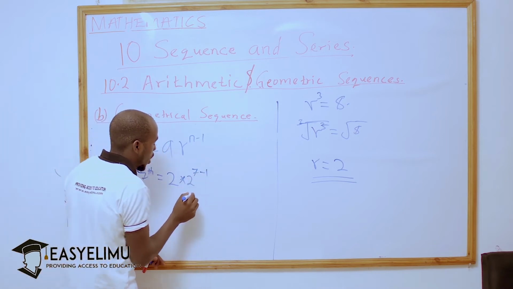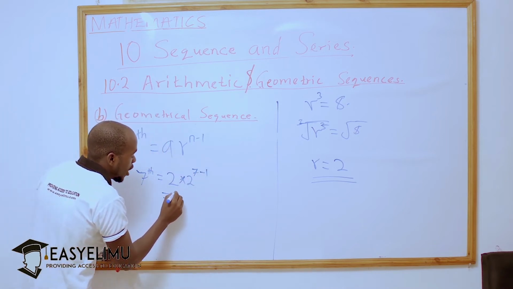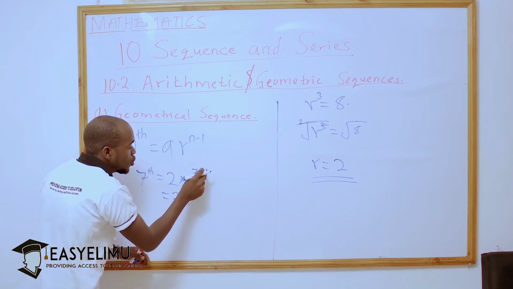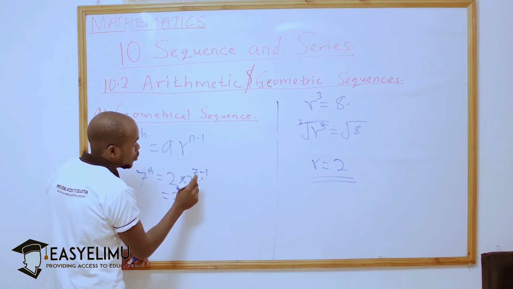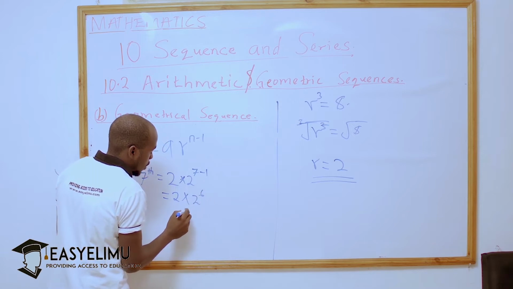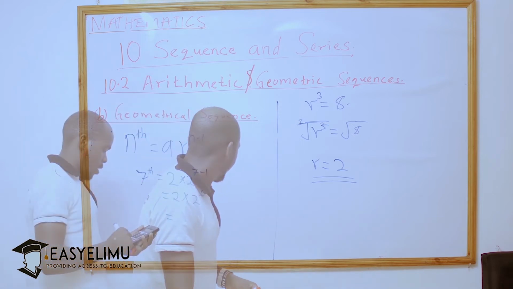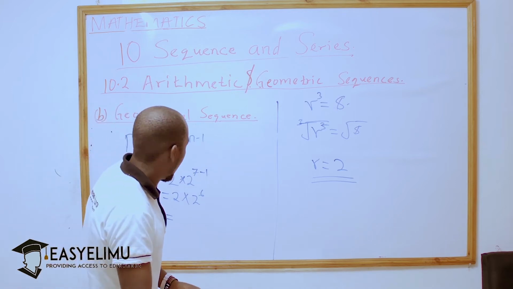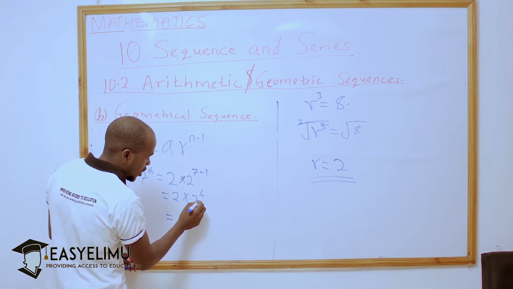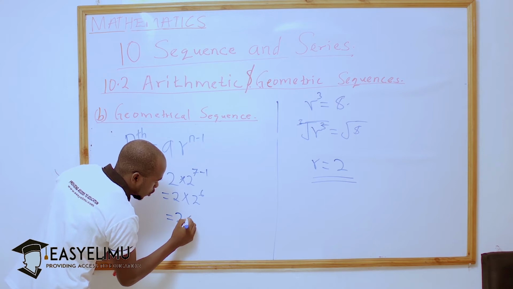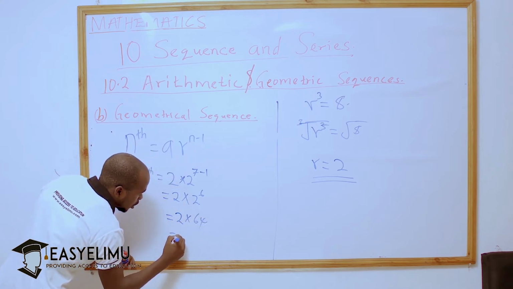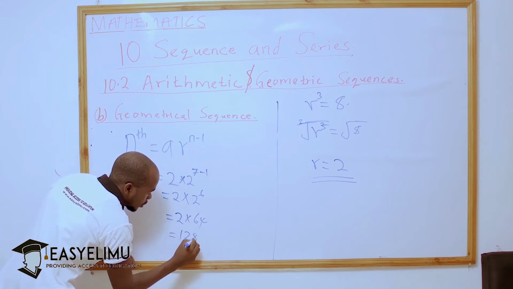So we subtract 1, and we are going to have 2 multiplied by 2 raised to 6. Actually, 2 to the 6 will give you 64, and 2 by 64 gives you 128.